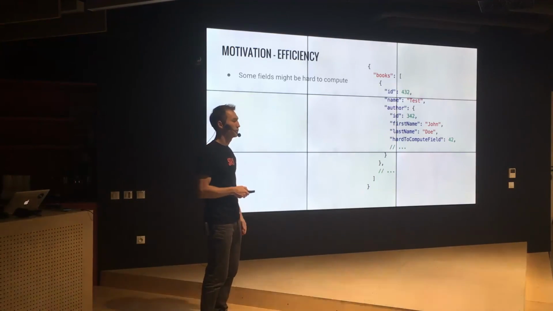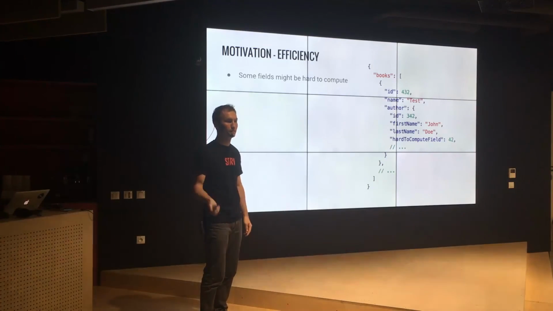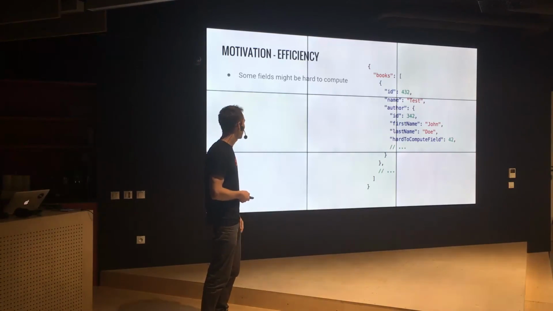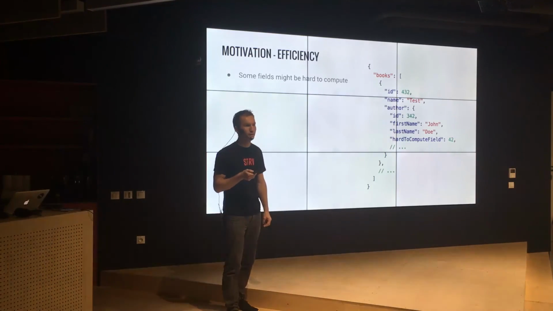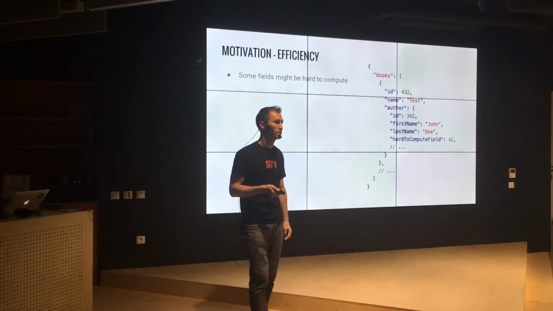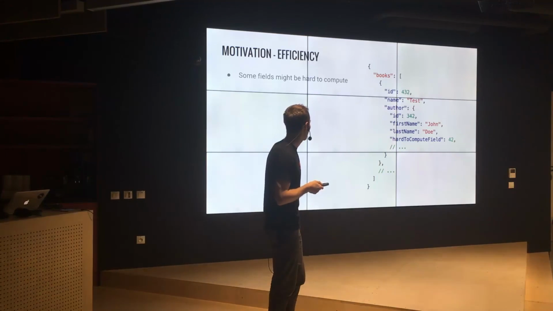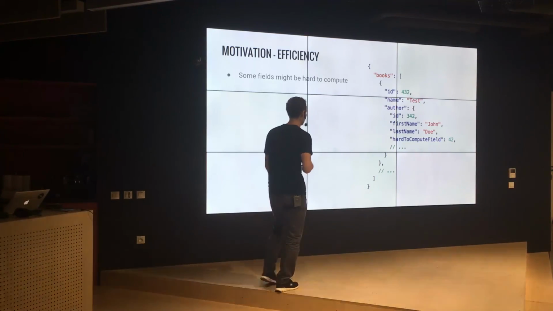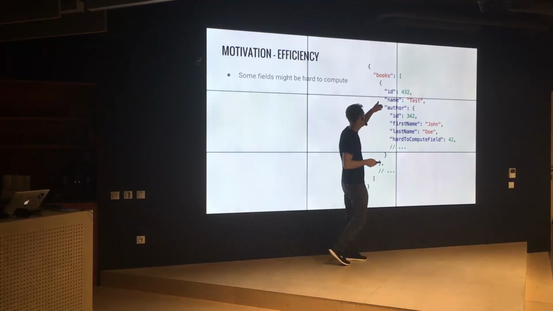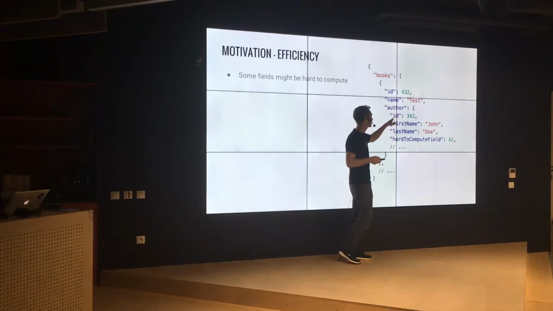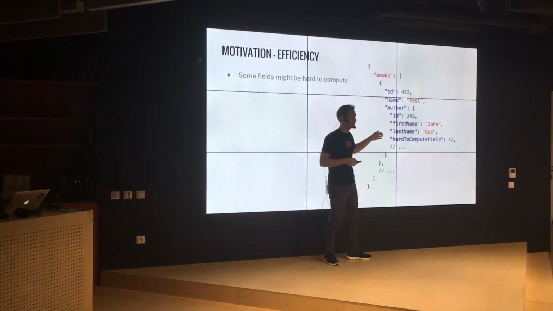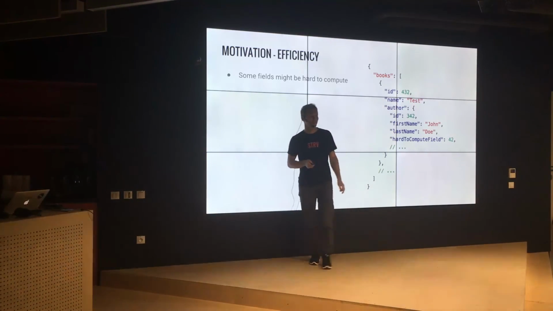And it might be really hard to compute on the server and you are losing efficiency. So in GraphQL, you will always get only those fields that you request, nothing more, nothing less. So whenever there is a complex object, you really have to specify the fields that you are requesting. There is no wildcard sign where you would say, give me all author fields. The client always has to specify what those fields will be.